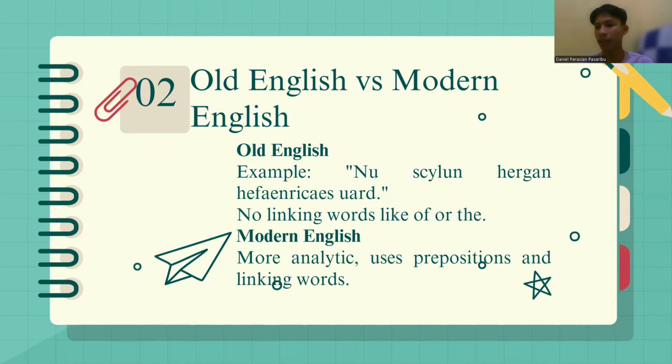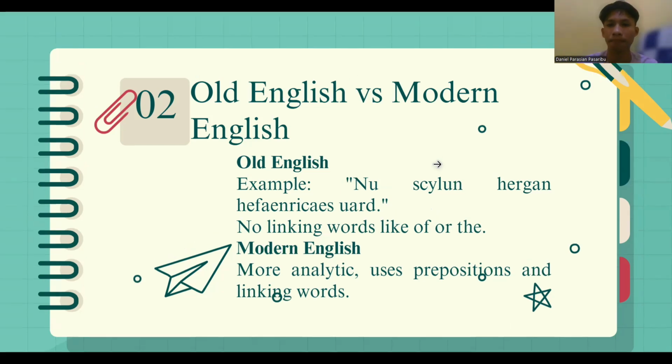The sentence shown has this word order, showing how differently words were structured compared to modern English. Modern English became analytic, relying on prepositions, auxiliary verbs, and word order to create meaning. This shift made English more flexible, but also more dependent on context.